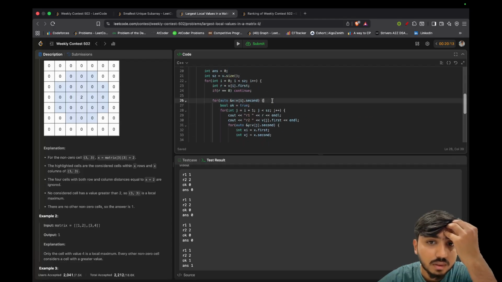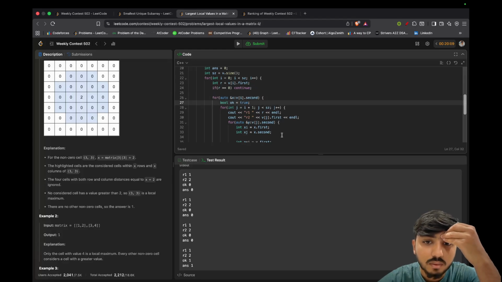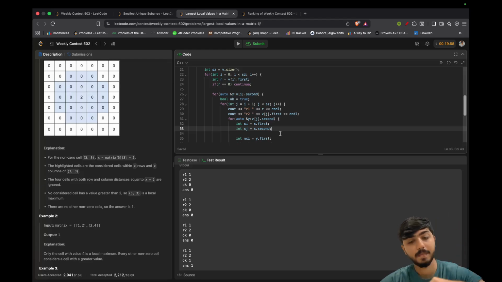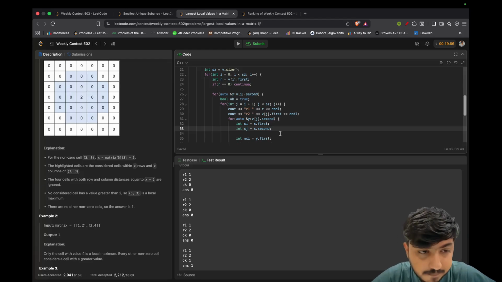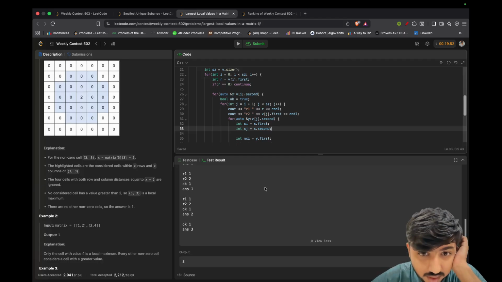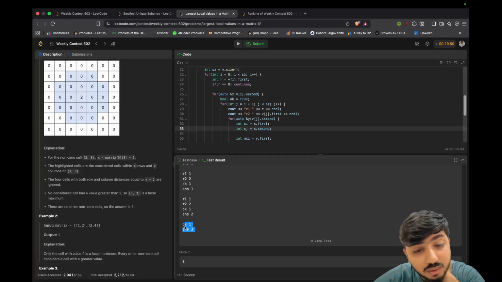Why do we have a six value here? Wait, let me think why we are printing a six value here.